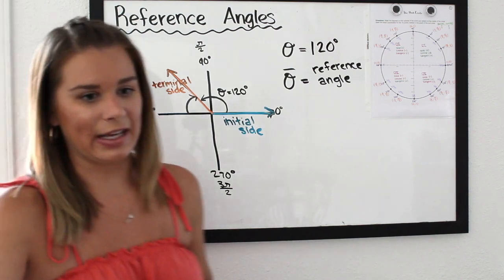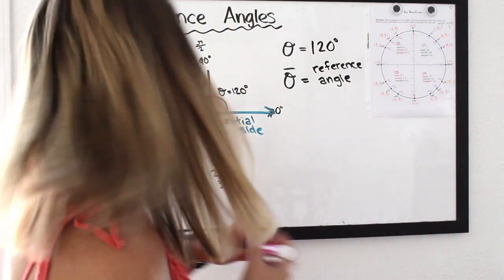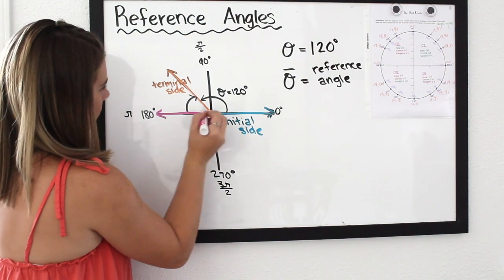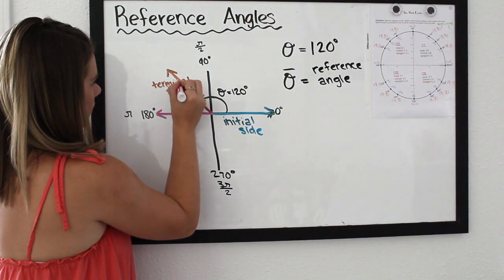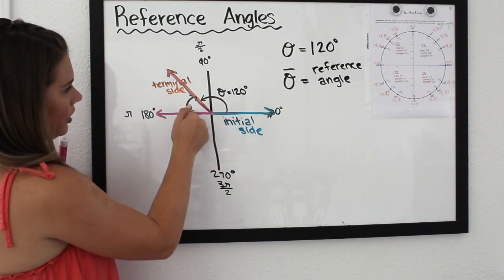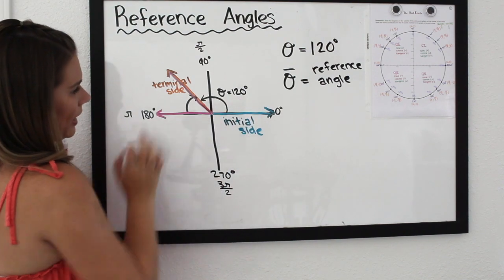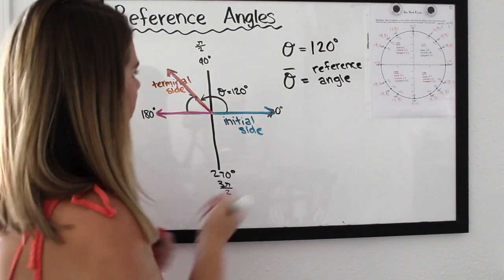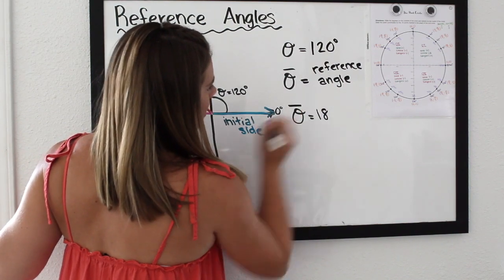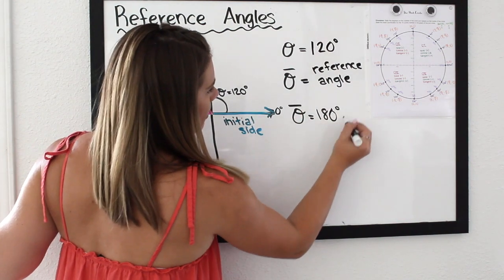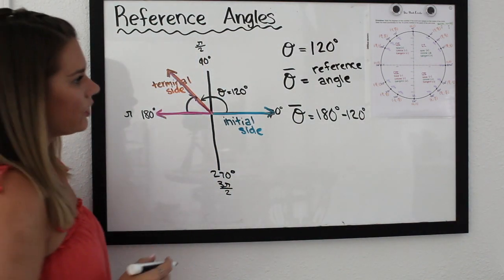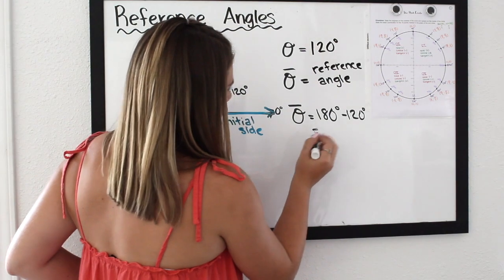So my reference angle, which I'm going to use a different color for, I'll use pink, right here, would be 180 degrees minus 120 degrees.